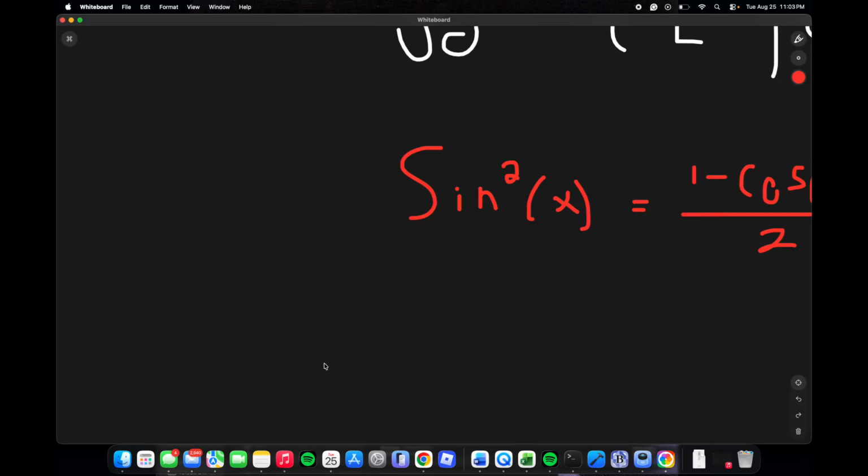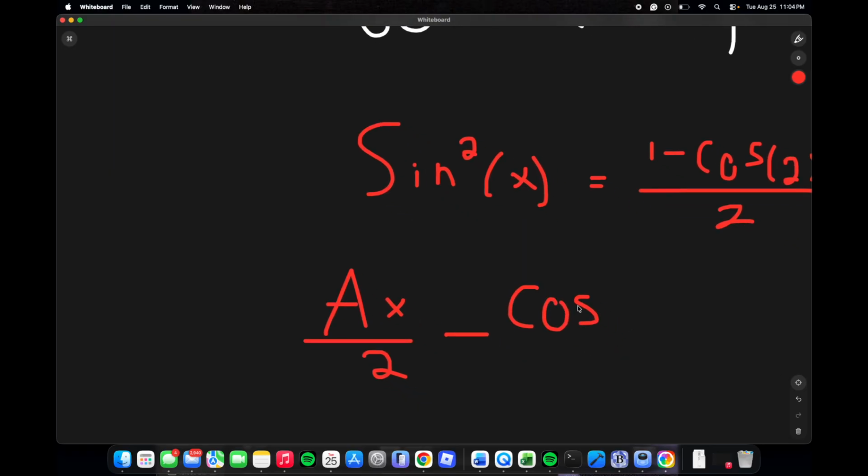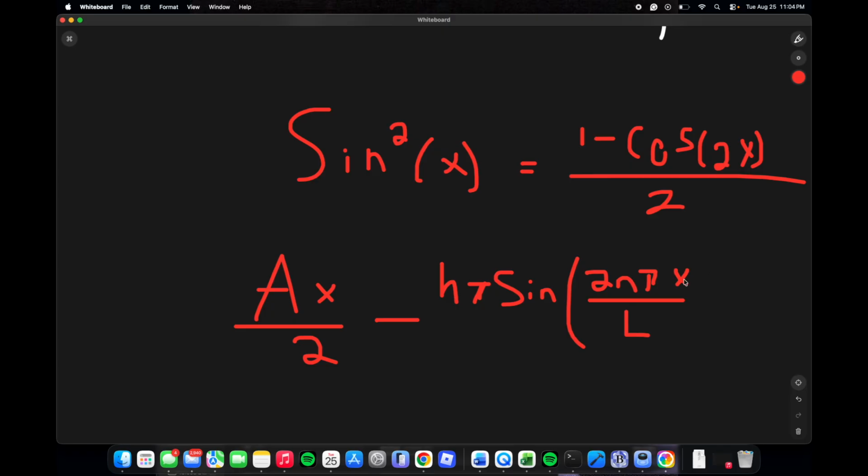You're going to find that it's A x over 2 minus L over 4 n pi sine of 2 n pi x over L. Alrighty.